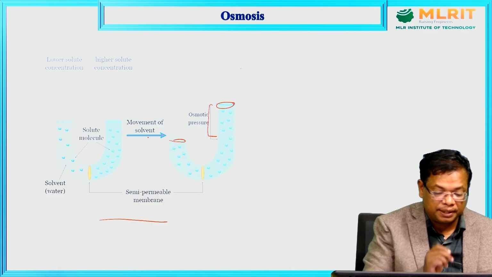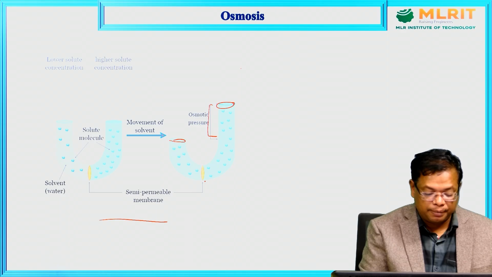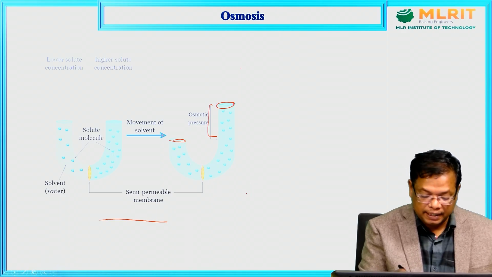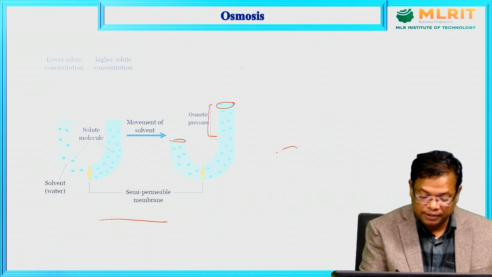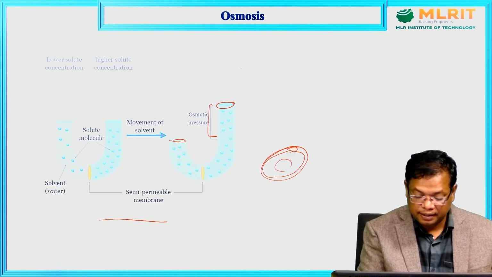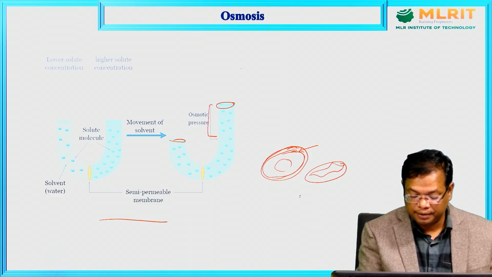This is happening because of the osmosis process. This semi-permeable membrane is made up of some polymers. In our daily life, we can see a semi-permeable membrane when you look into a boiled egg: there is a white product and a yellow substance, and the shell and the white substance are separated by a small membrane. This is called a semi-permeable membrane.